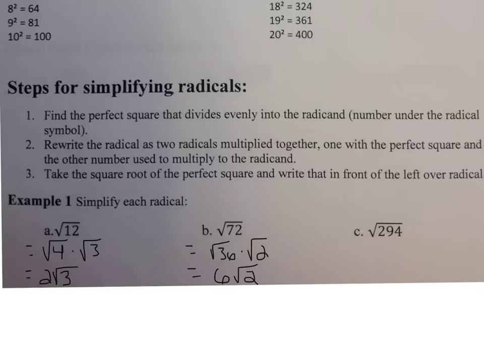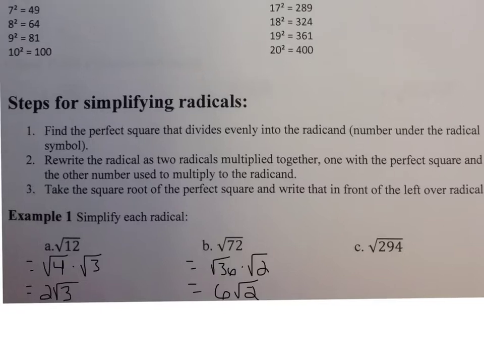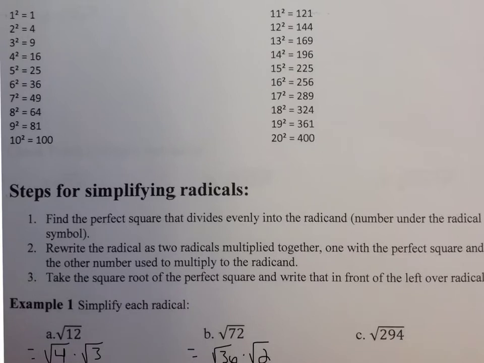Let's look at C. Now we're getting even bigger numbers. 294. Well, if you take 294 and divide by 2, you get 147. So we can start our list at anything that's 147 or lower.